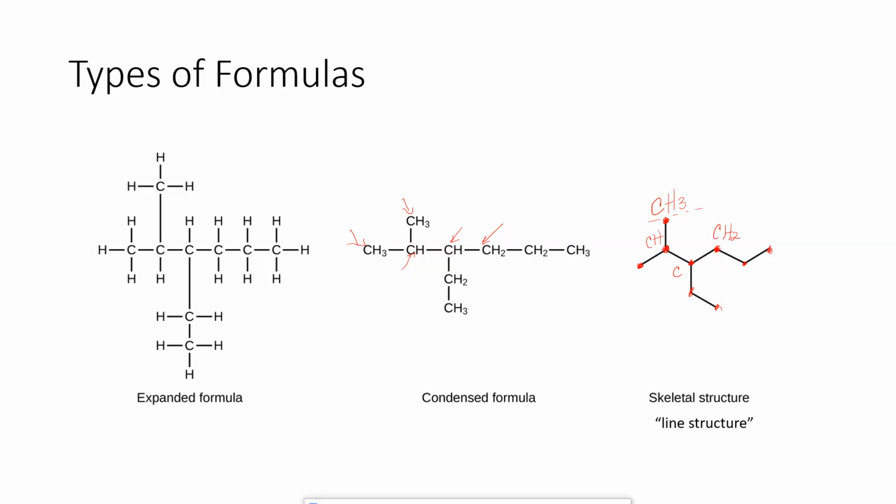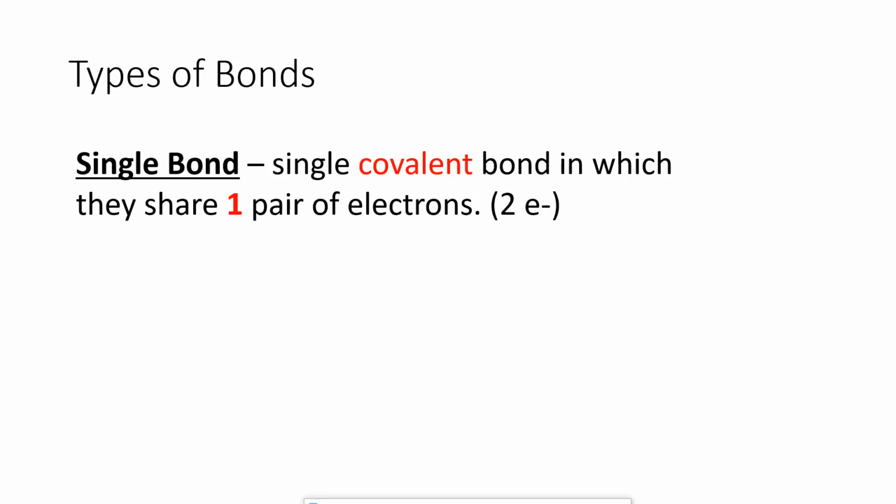By the way, this one is also known as the line structure. Now, because carbon can form 4 bonds, we are going to have different combinations, or these 4 bonds can be formed in different ways. The most simple one is a single bond.